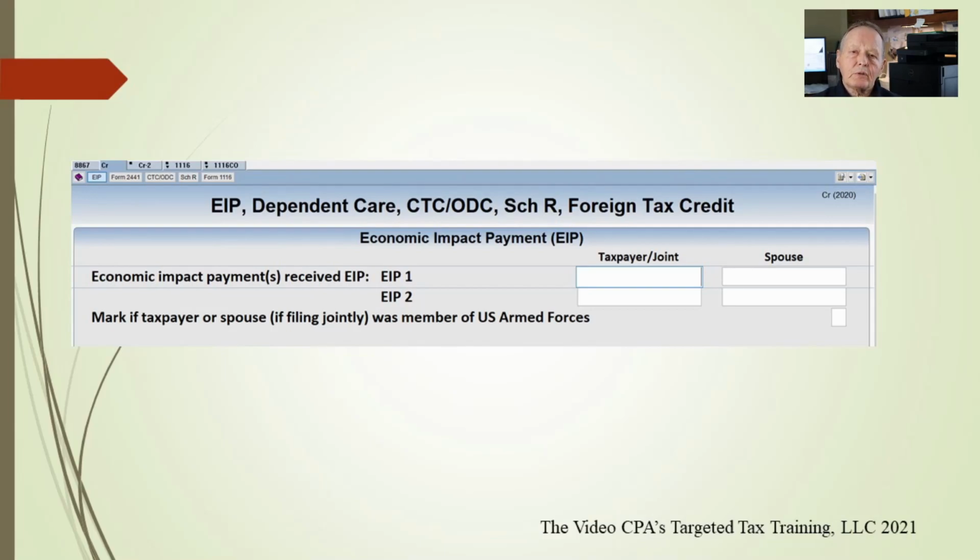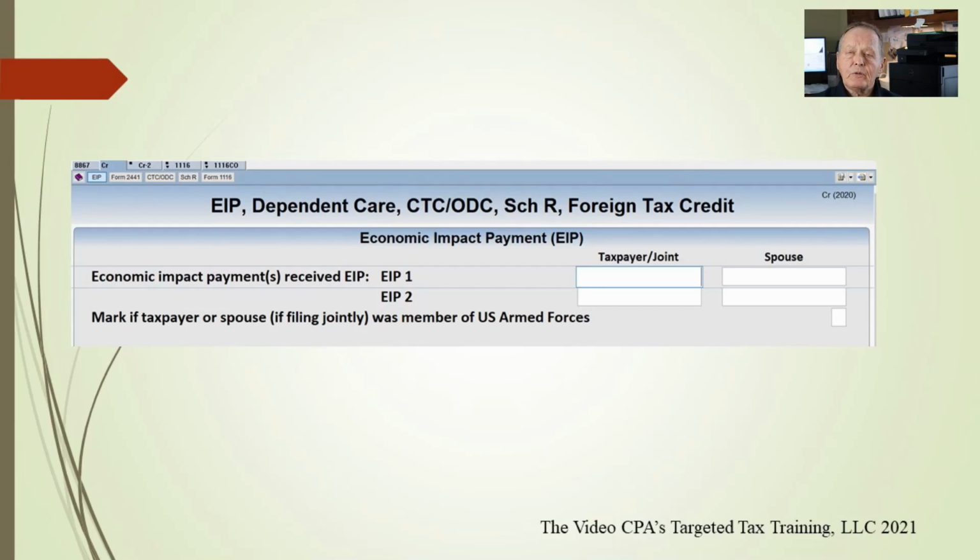Because the return is going to calculate, using UltraTax anyway, the amount that you should have gotten based on the number of children that you have, the number in the family, and your income. And if it's different than what you've entered in here, you're either going to get no recovery rebate credit or you're going to get some.